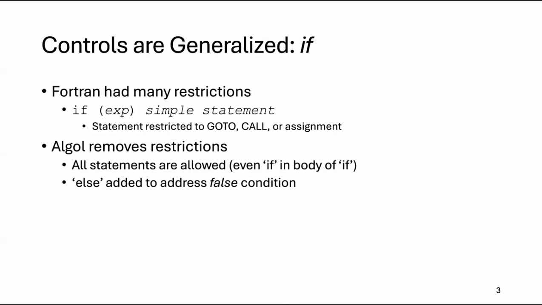It removed the restrictions. Basically, all statements are allowed, even another if statement inside the body of the if statement. And it also added the else keyword to address false conditions. All of that was not in Fortran, where you only were allowed go to, call, or another assignment. So that's very limited in Fortran, which was finally removed in Algol, making it similar to the behavior of the regular languages that we actually use nowadays.